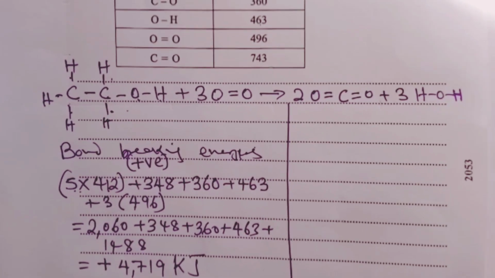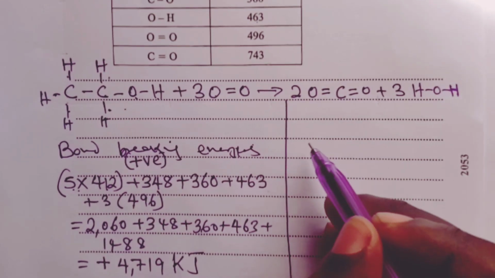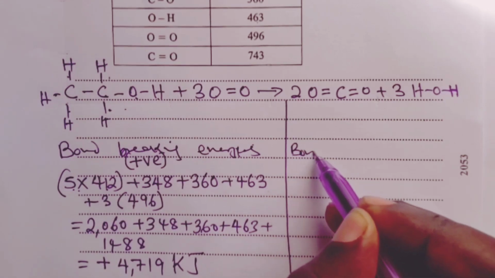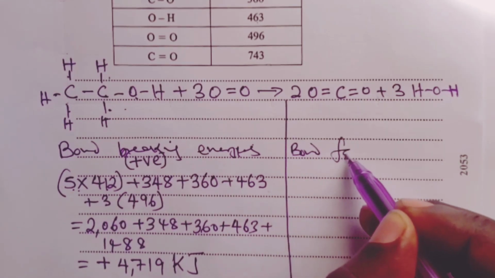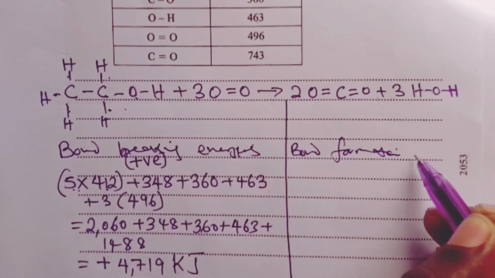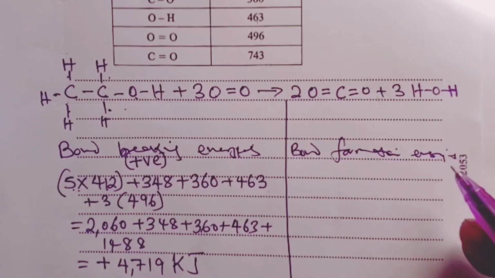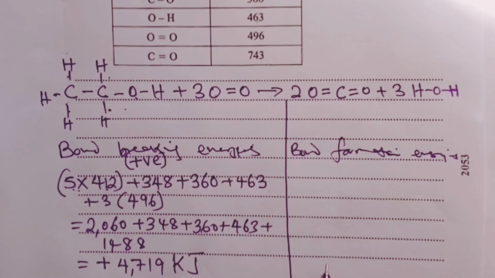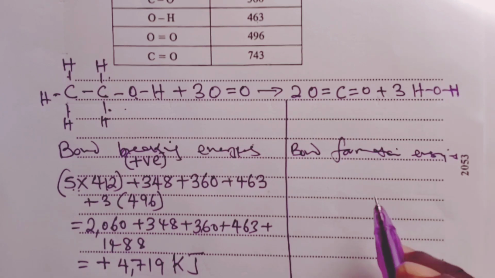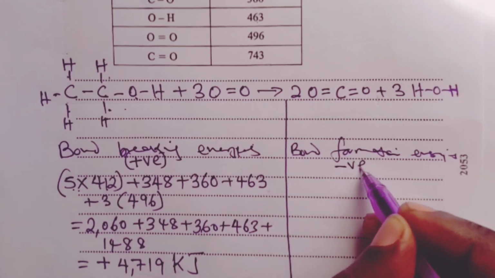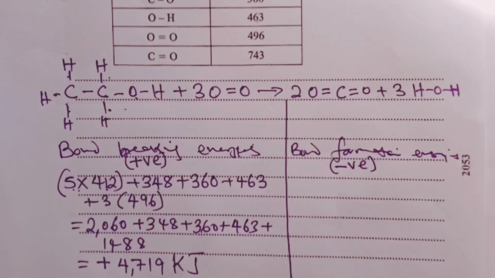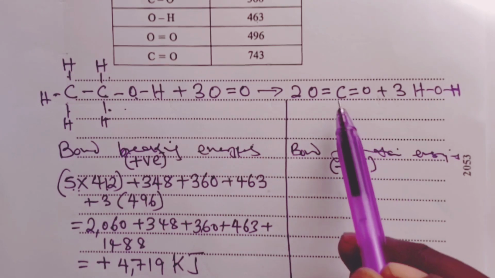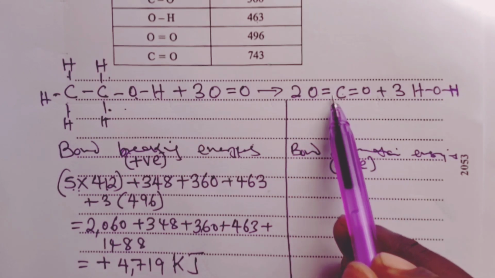I now proceed to the product side where I get bond formation energies. And before I do the workings, I need to take note that bond formation is an exothermic process, and therefore my sign would be negative. Now, I have CO bonds.